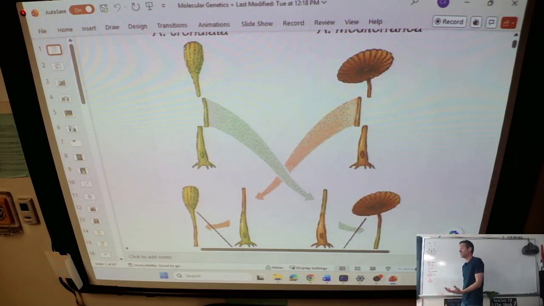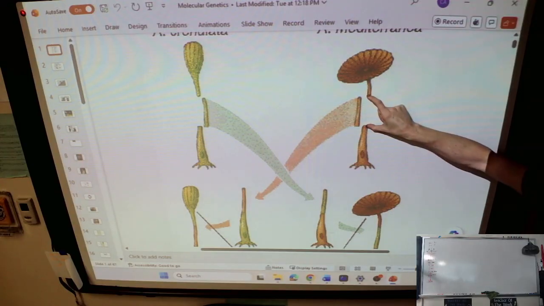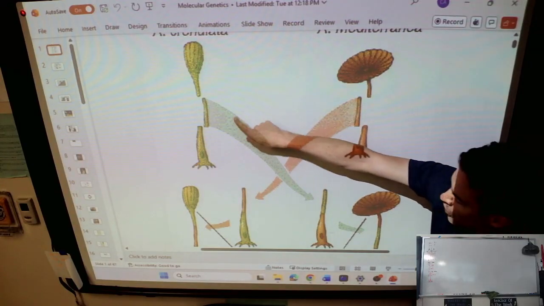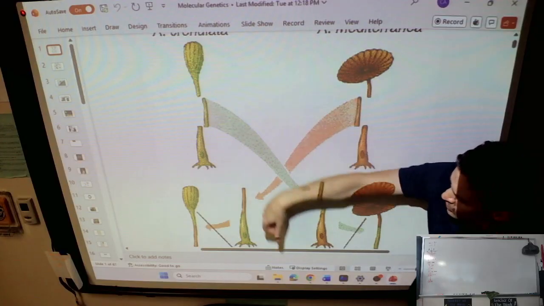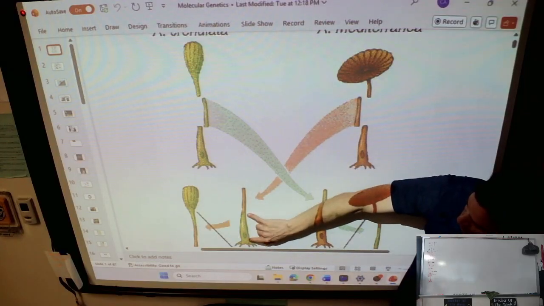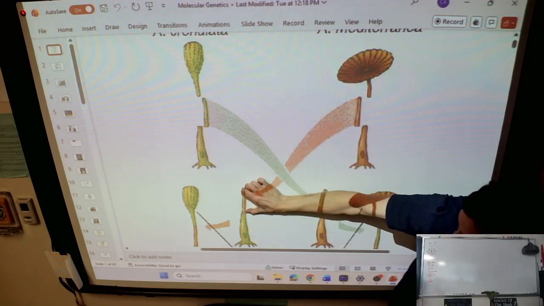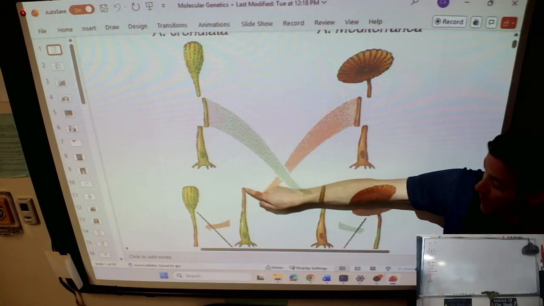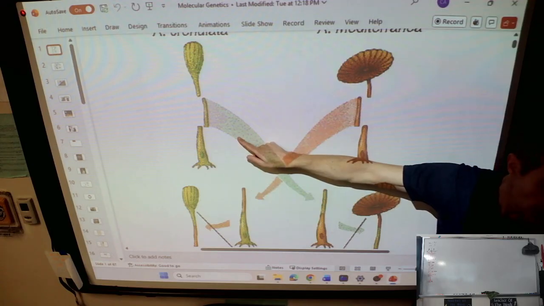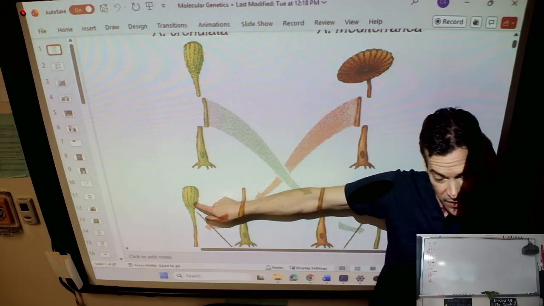And so what he did was almost like a graft, kind of like a skin graft. He took this middle part of, we'll call this one burnt orange, and this one green, and he cut it into thirds. He took the bottom part of the green one, and he grafted onto it the middle part of the orange one. And then what he expected to grow out the top was orange, but instead green grew out of it.